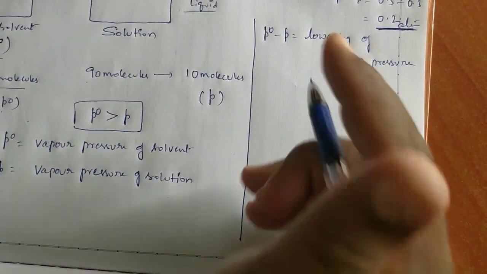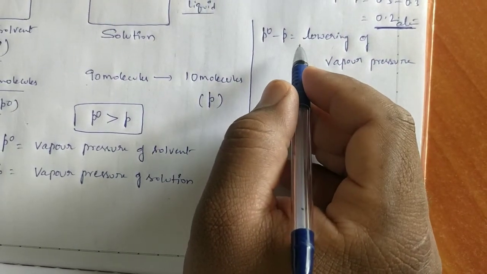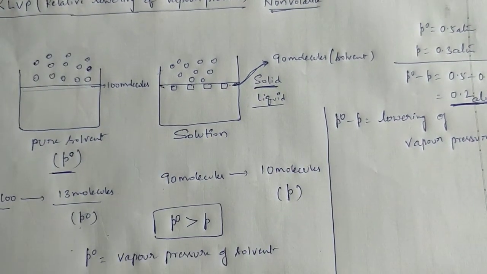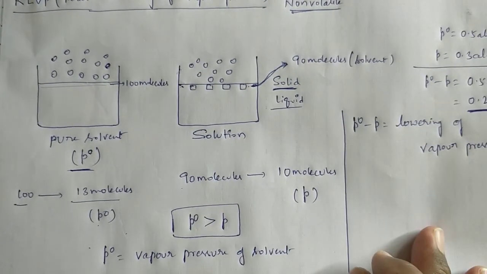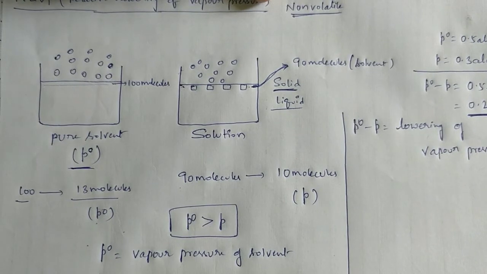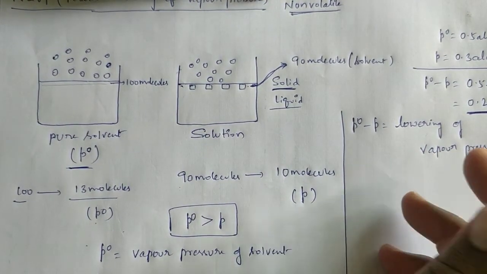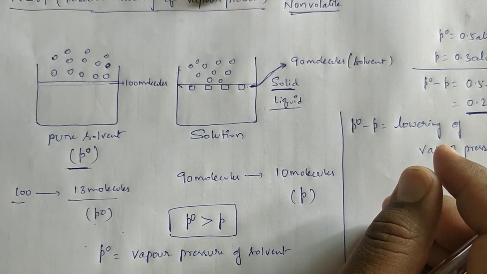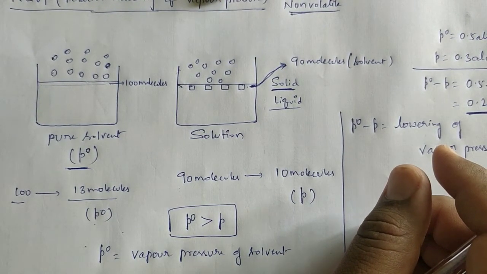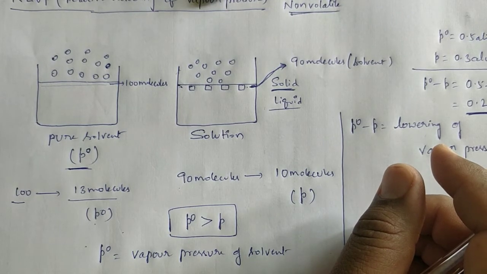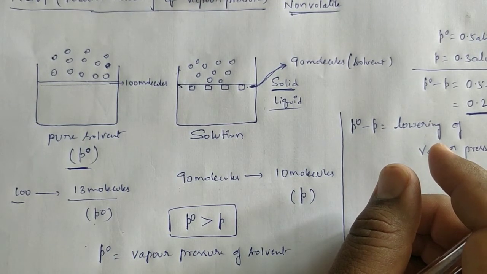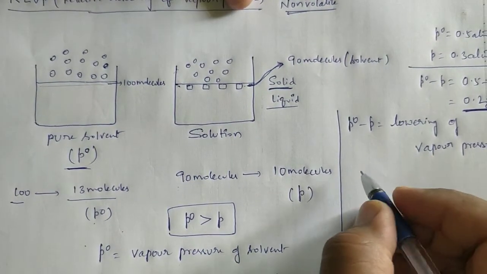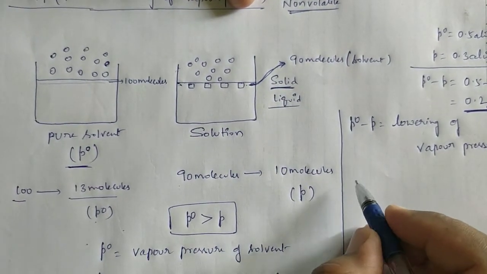Is it clear? But this is not our colligative property. Our colligative property is relative lowering of vapor pressure, RLVP. Then what about relativity? Relativity means comparison with others. Now, what is meant by relative lowering of vapor pressure?